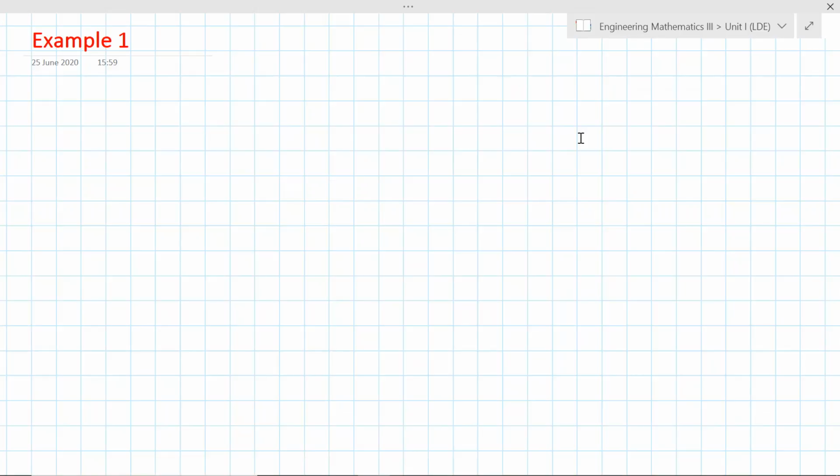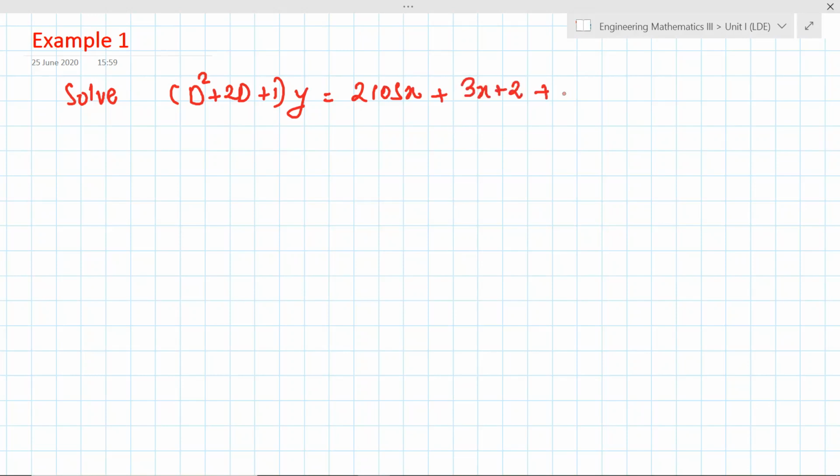It covers all the things. Let me write this: (D square plus 2D plus 1) y is equal to 2 cos x plus 3x plus 2 plus 3 e raised to x. Okay, so this is the example.